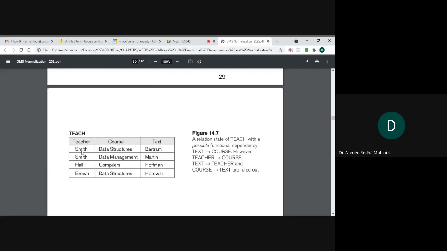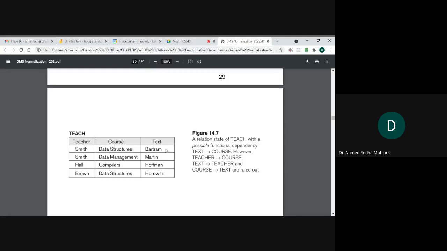For example, Smith is teaching the course data structure. Now the problem here is the text. If you know the text, I cannot tell you exactly what the teacher is, which is text to teacher.